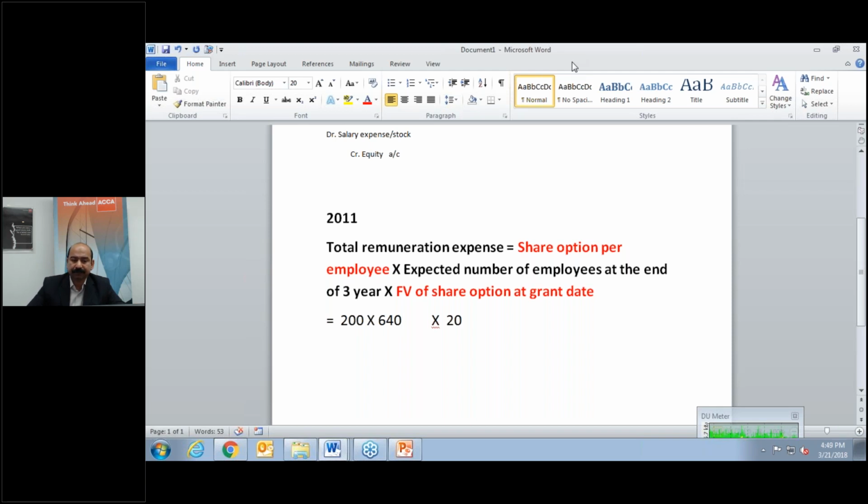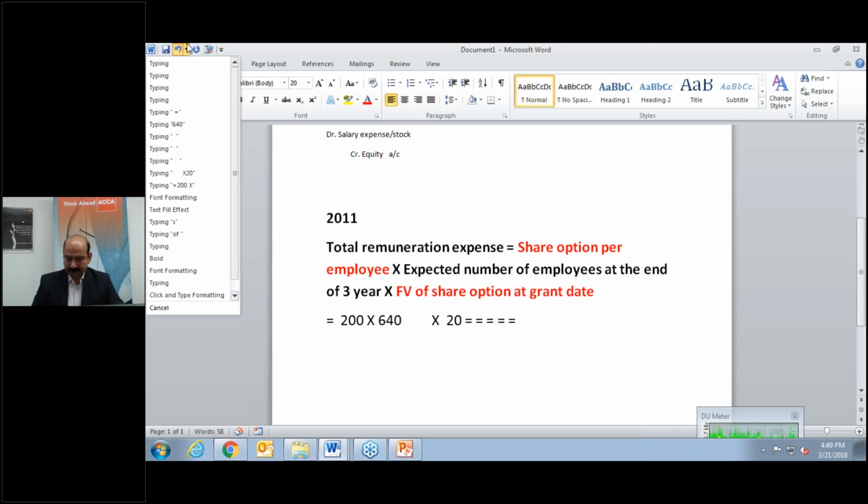So this will give us the figure we have calculated here. 200 into 640 into 20.